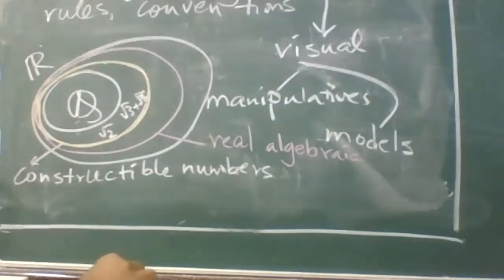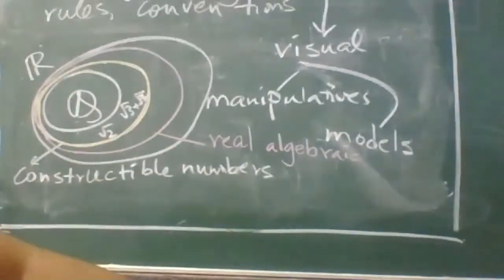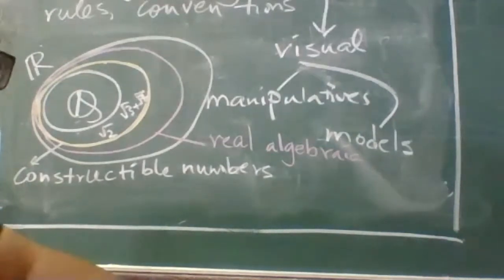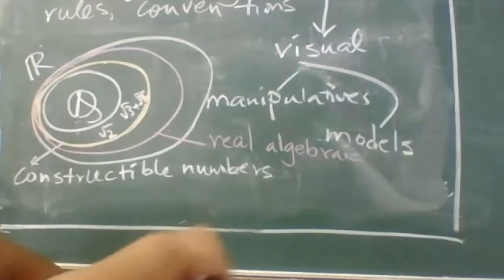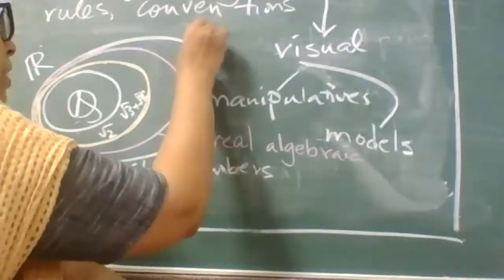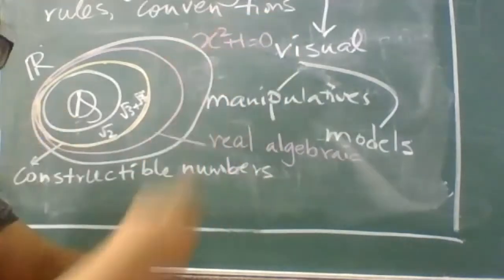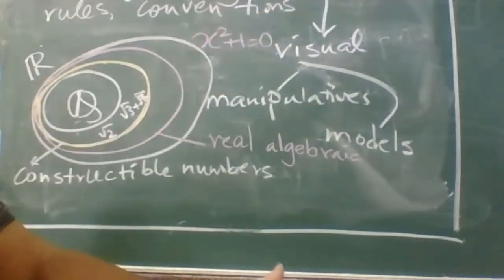So if you have any such equation with integer coefficients, then the roots of that are called algebraic. Sometimes those roots become complex numbers, not real numbers. For example, x squared plus 1 equal to 0. 1 is greater than 0, and x squared, any square, is 0 or more.